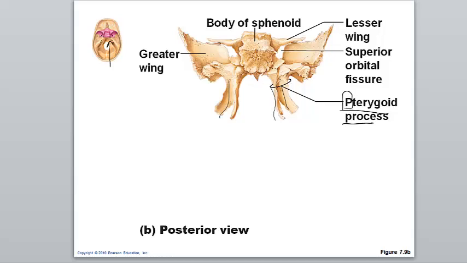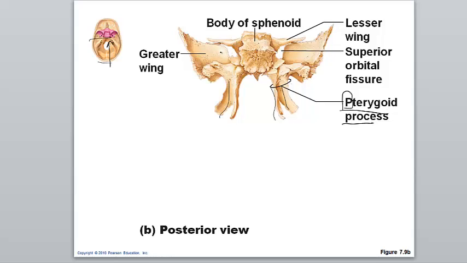From the posterior view, it's as though you have cut open the skull and you're looking at it from this side. You've removed all this part away and you're looking straight at it from the back. Then you see the legs dangling. Over there you can see the pterygoid process. You can see the lesser wing on the top, greater wing over here, and the orbital cavity will be from this side.